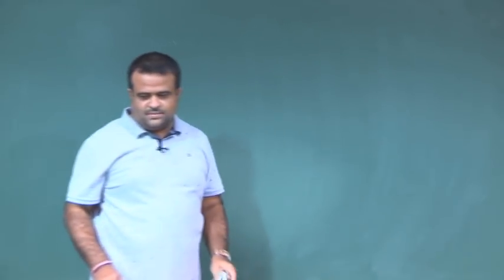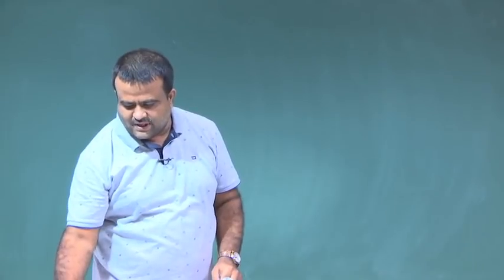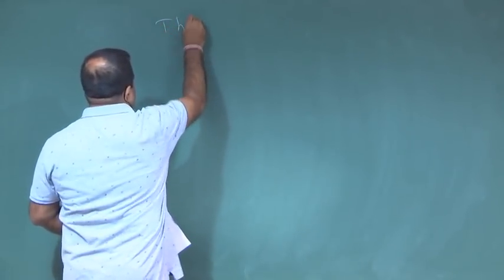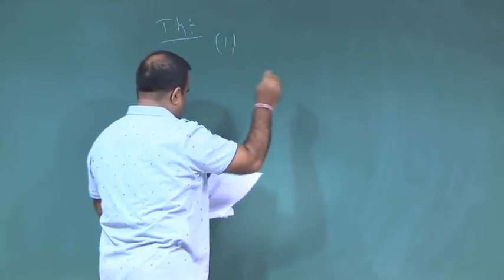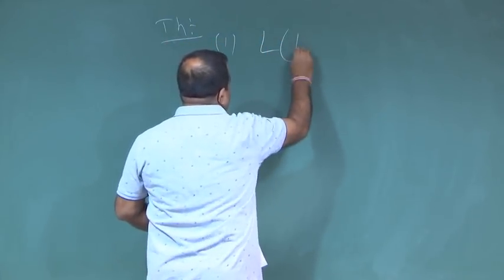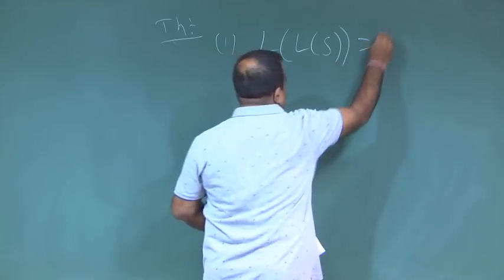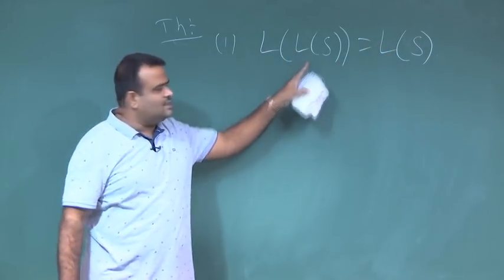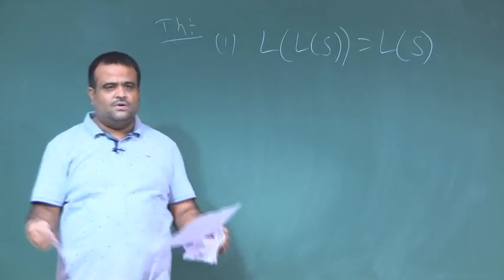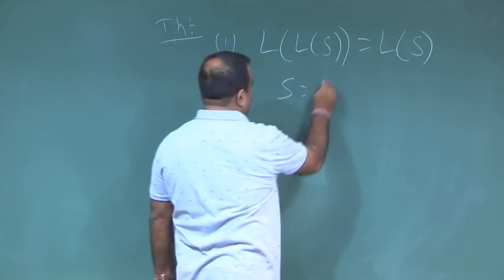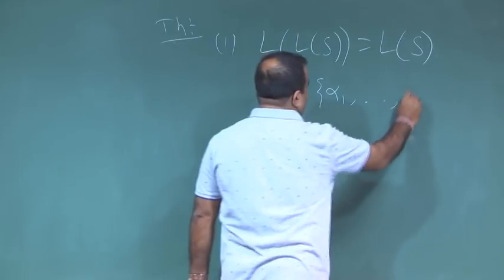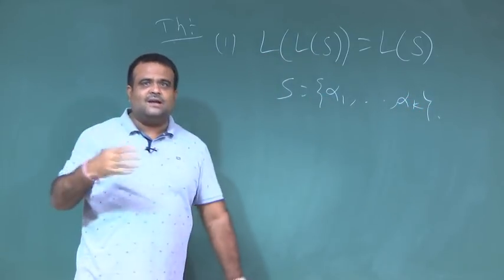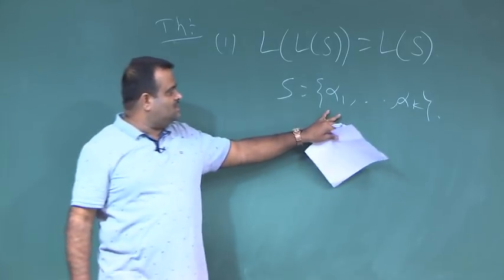Now, we can have some results on this linear span of a set. This is very easy to verify. The first result is the linear span of a linear span is the linear span itself. This is quite obvious, because if S is alpha 1, alpha 2, up to alpha k, then the linear span is all possible linear combinations of this set.